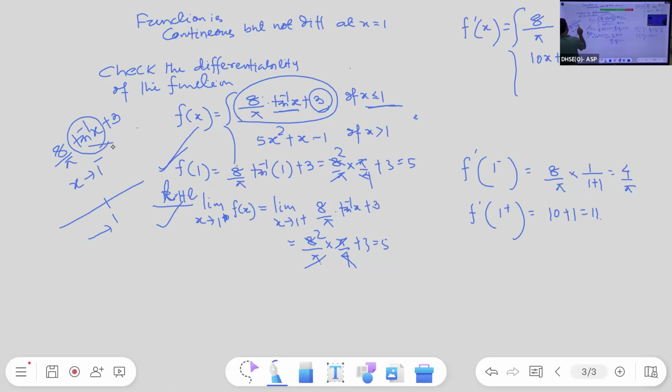When tan inverse x approaches to pi by 4, then 8 by pi tan inverse x approaches to 8 by pi into pi by 4, that approaches to 2, pi cancels, 4 into 8 is 2. So 8 by pi tan inverse x plus 3 approaches to 2 plus 3, which means approaches to 5. So approaching to 5 means limit of the function is 5. Jethalal, is it clear to you? I am not directly substituting the value in the given function.